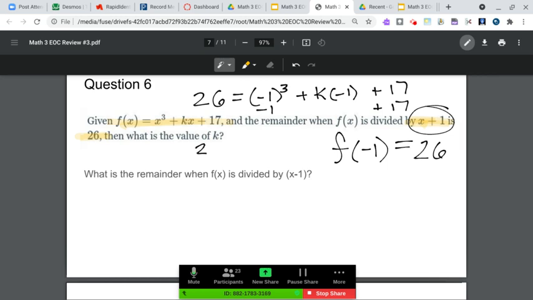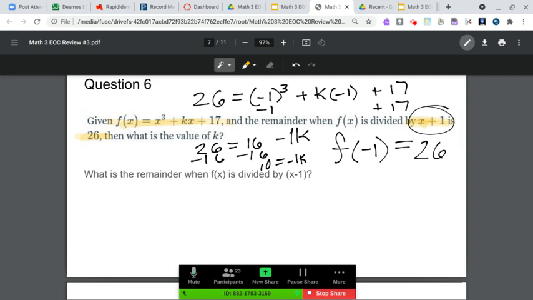So we are at 26 equals 16 minus 1k. Subtract 16. Negative 1k equals 10.